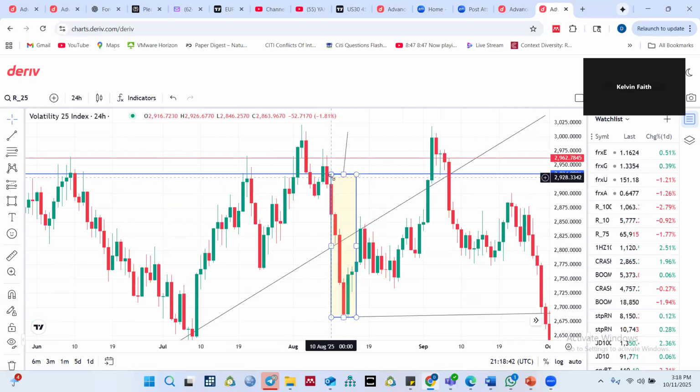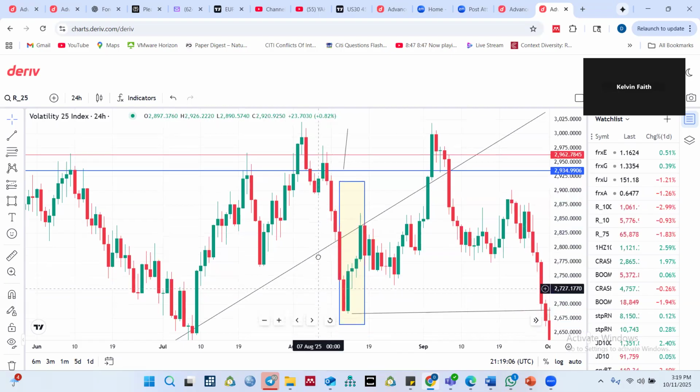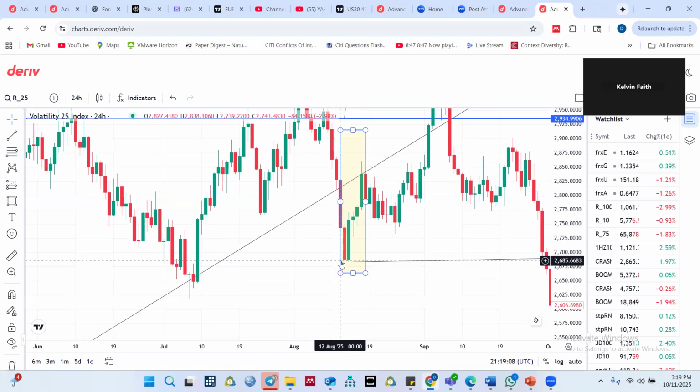If you entered your trade on the blue line here, this is a trade with minimal loss. If you enter the trade on the red line, it will be a little bit risky, but it's also good. But on the blue line, after this engulfing, the next candle retested the blue line, came below, and then kept going down, and look at the move up to here.